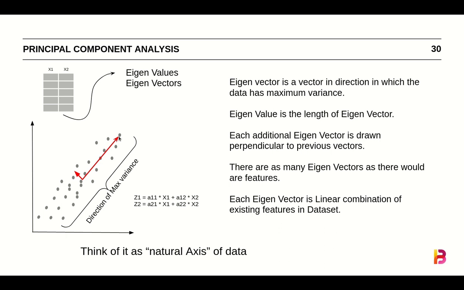And this vector, being a linear combination of all of the existing features, would still capture the entirety of the essence of the data. So that is the way we achieve dimensionality reduction.